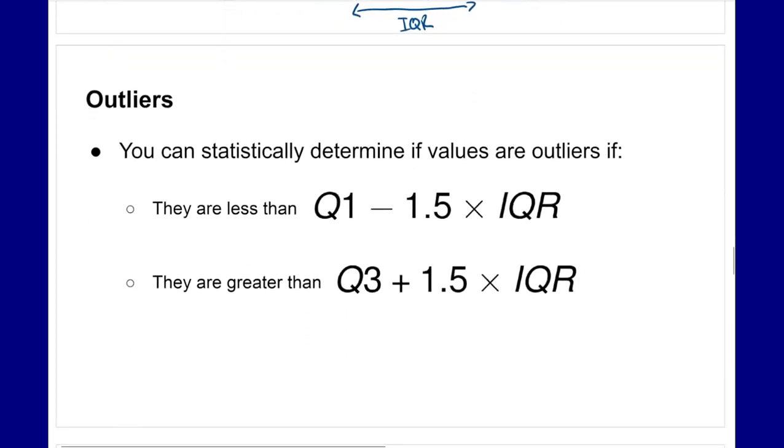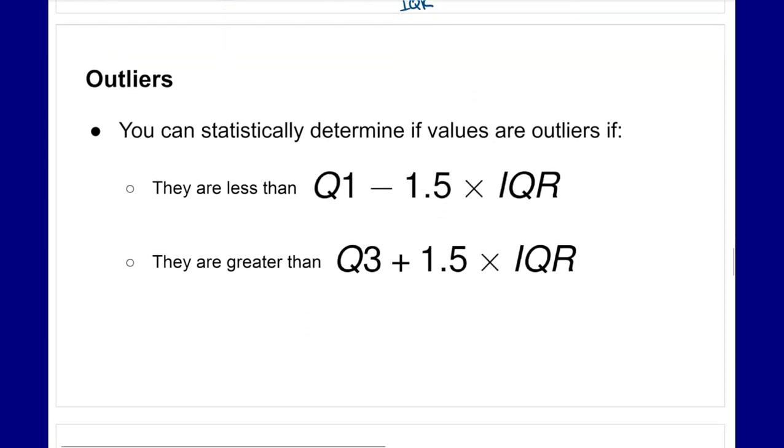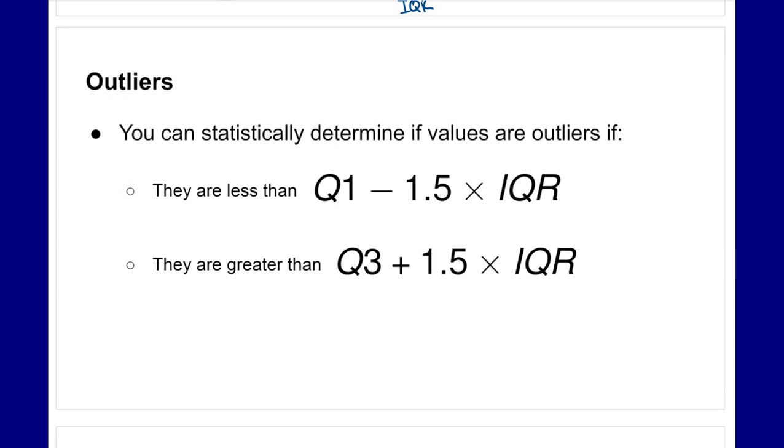With these percentiles and the IQR, we can determine statistically if we have any outliers. So we can statistically determine if values are outliers by using the following formula.